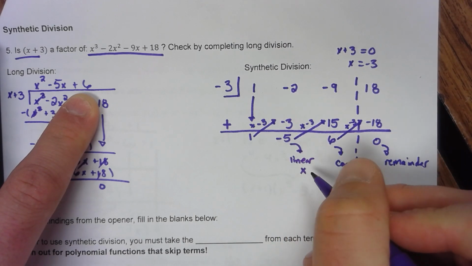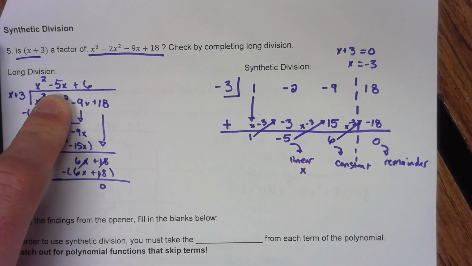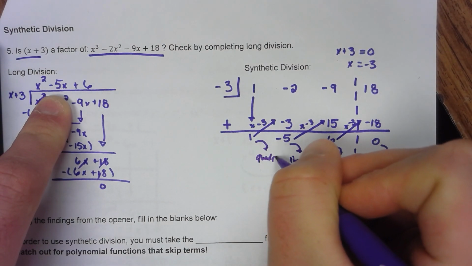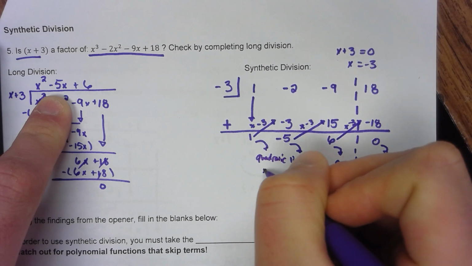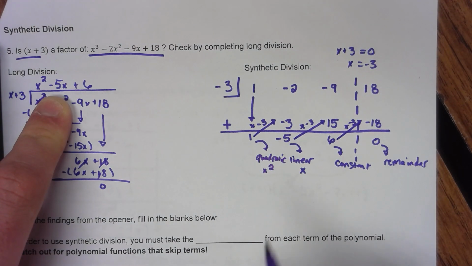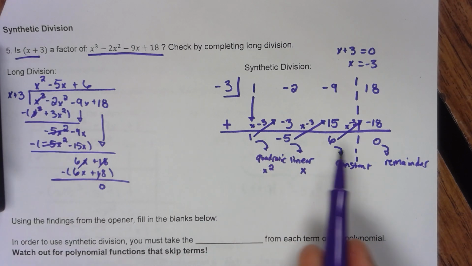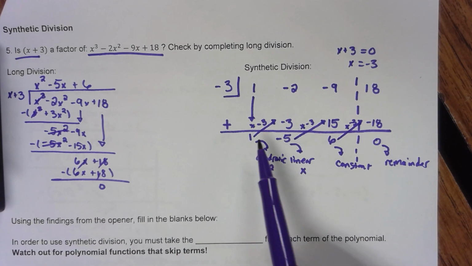Linear term having just an x. So that is referring to this negative 5x that we got from doing the long division. And then the next term would be our quadratic, which is x squared.